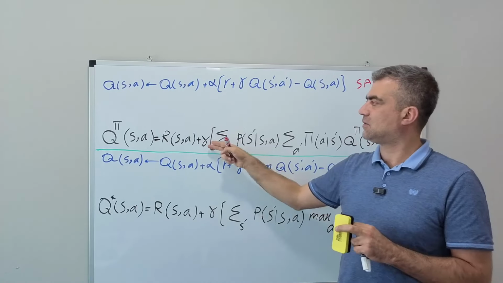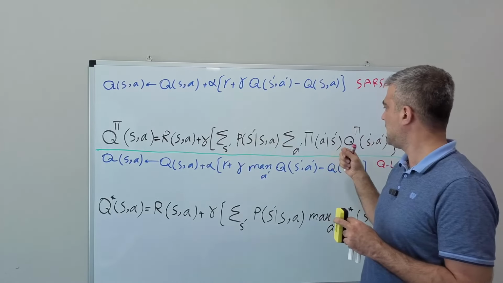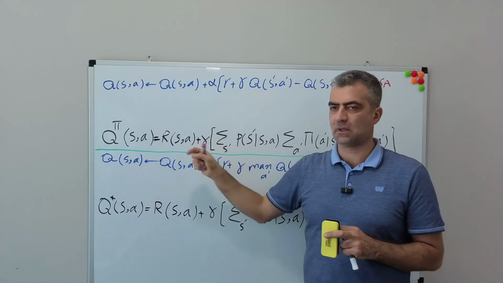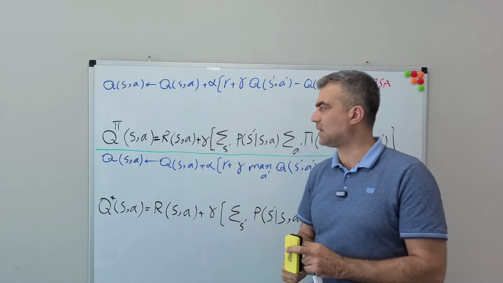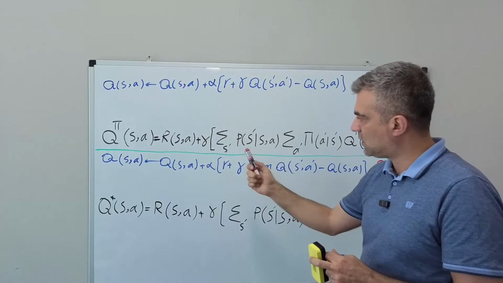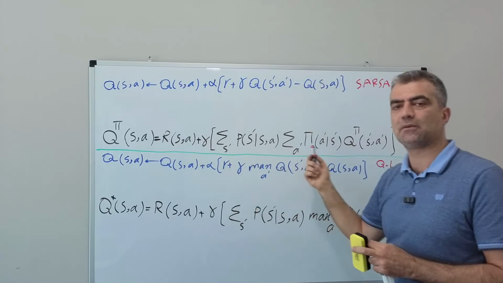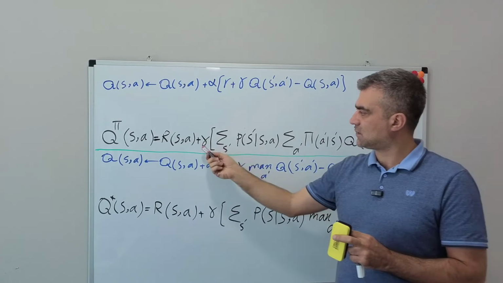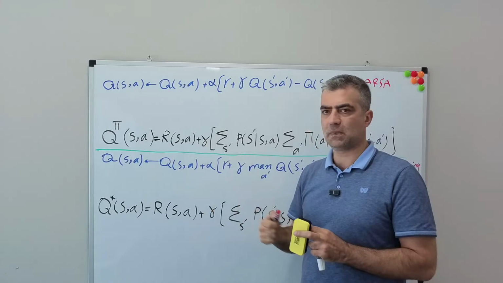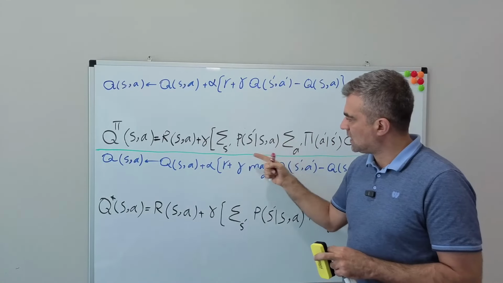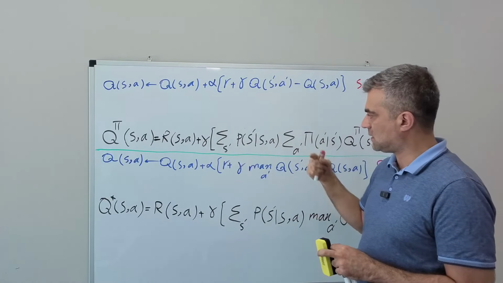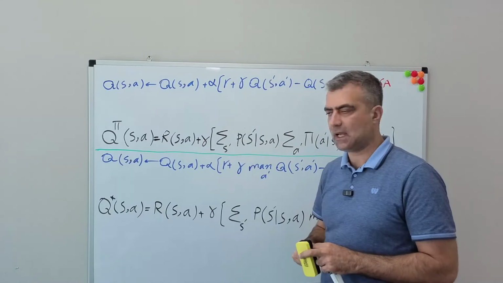The discounted future reward is directly added to the reward that we observed right now. But what is the discounted future reward? This is discounted by the discount factor, by gamma.